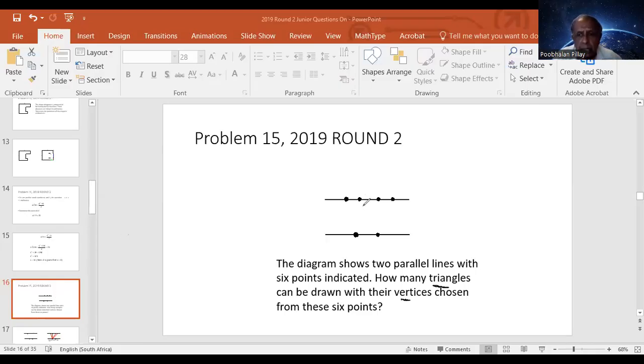Now, if you choose only 1 vertex from the top, it means you are choosing both of the ones at the bottom. I'll repeat that. If you are choosing only 1 vertex from the top, you're choosing both of them here.